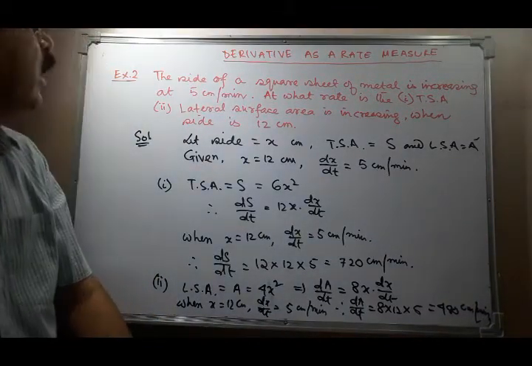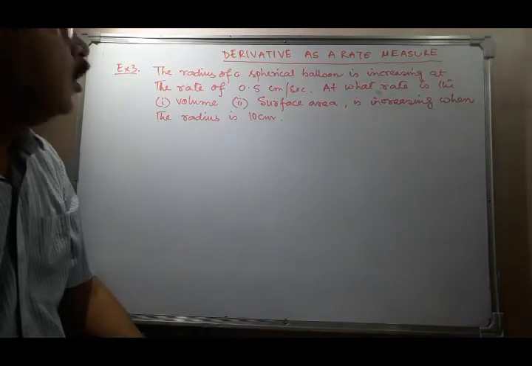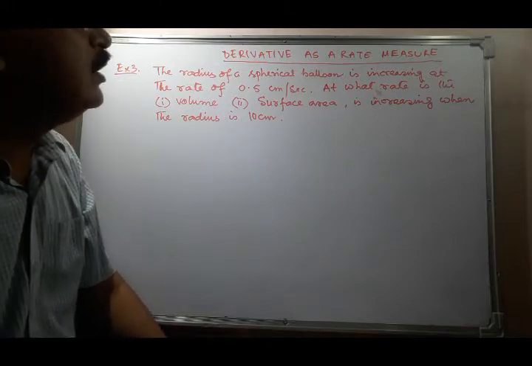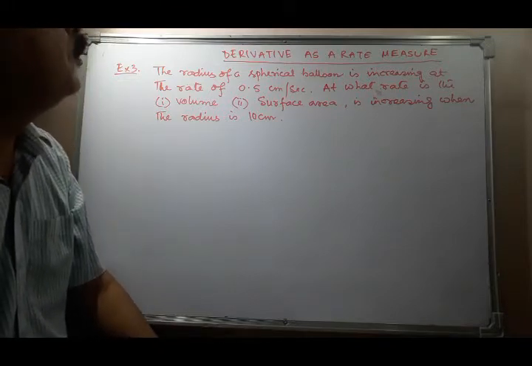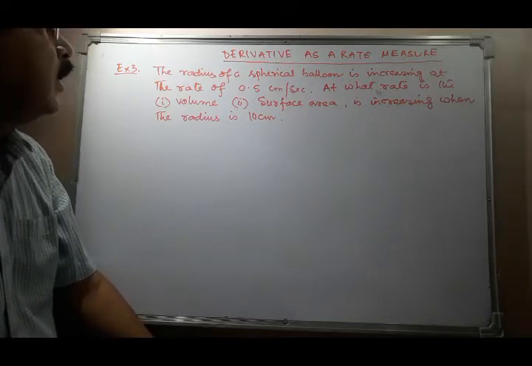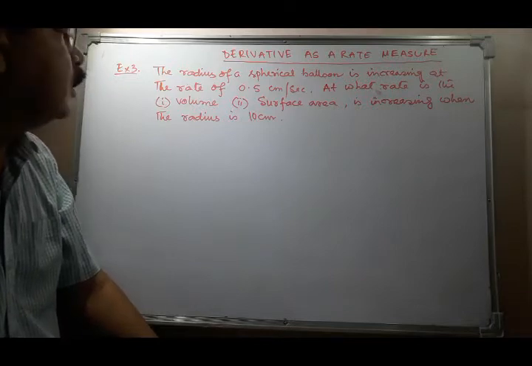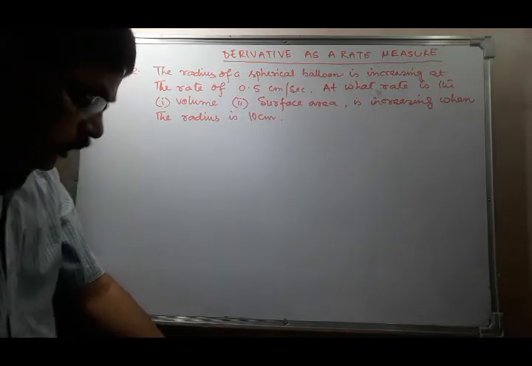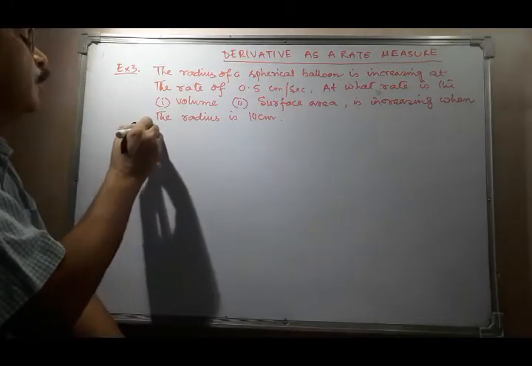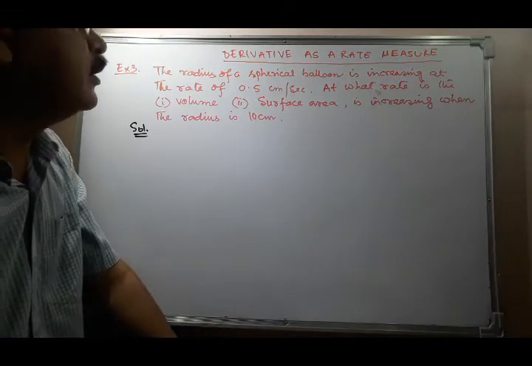Now I am going to example number 3. Example number 3, the radius of a spherical balloon is increasing at the rate of 0.5 centimeter per second. At what rate is the volume, second part, the surface area, increasing when the radius is 10 centimeter? Solution. So it is a spherical balloon. Consider the sphere.